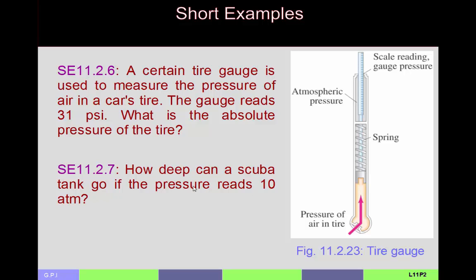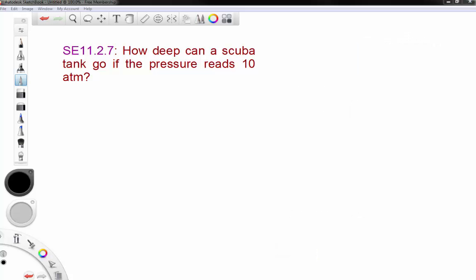Okay, second question, how deep can a scuba tank go if the pressure reads 10 atmospheres? Again, this means that we have P gauge equals 10 atmospheres, or 1,013,000 pascals.